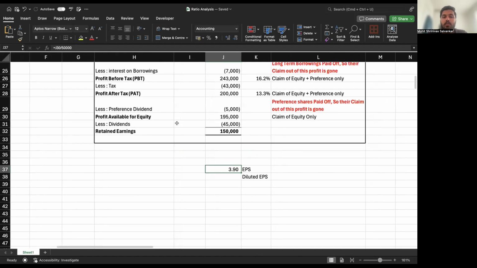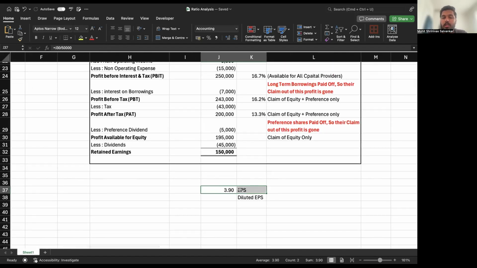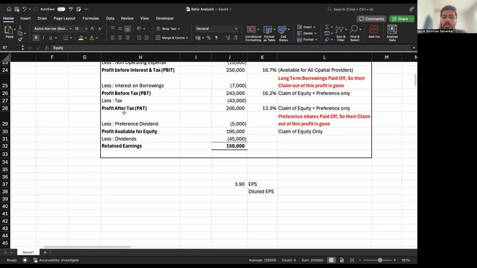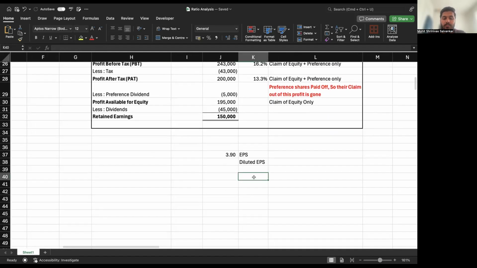So in this ratio, the simple basic earnings per share ratio, we took profits available to shareholders divided by number of shares. Now both are changing. Adjusted profit for shareholders divided by adjusted number of shares will give you diluted earnings per share.